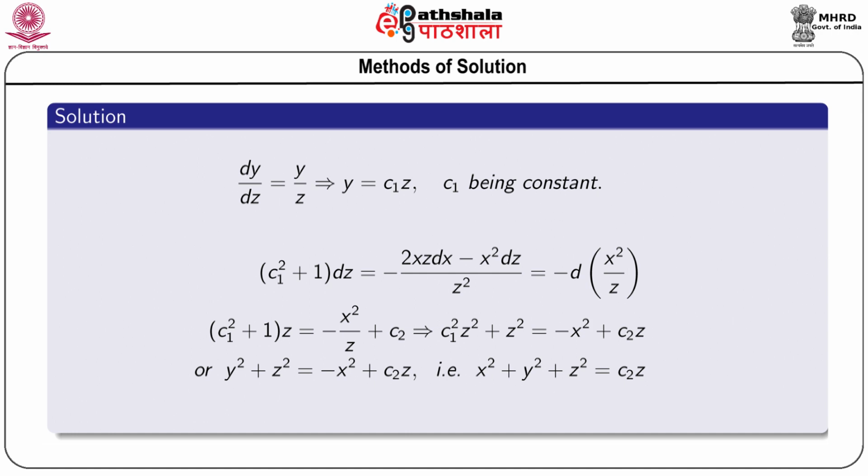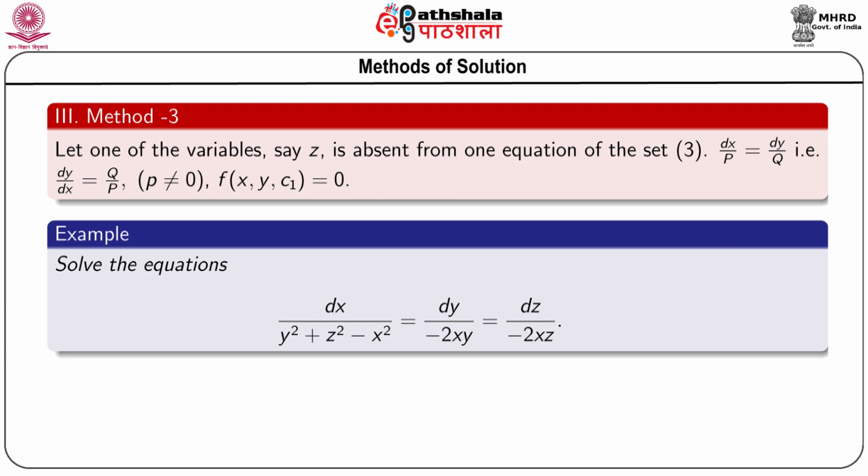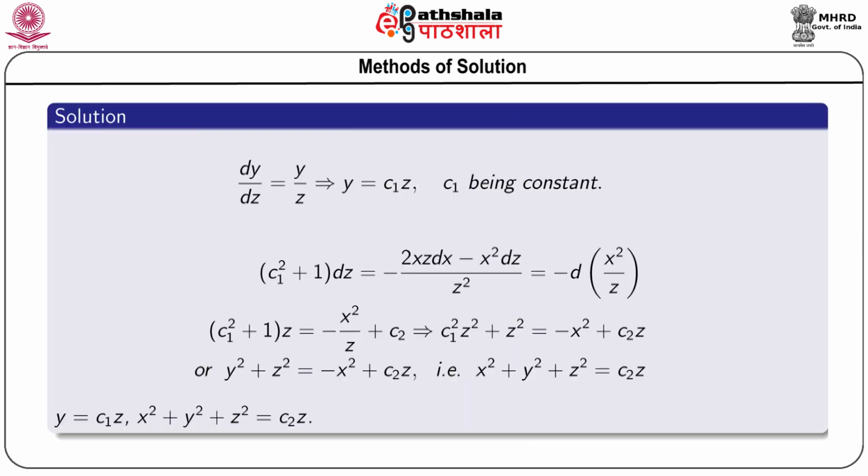Now, using this form of y, if we substitute the value of y in the first equation, we will get a relation like this, where c1 is an arbitrary constant.